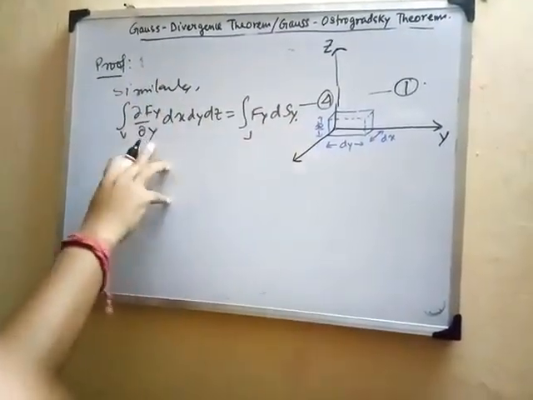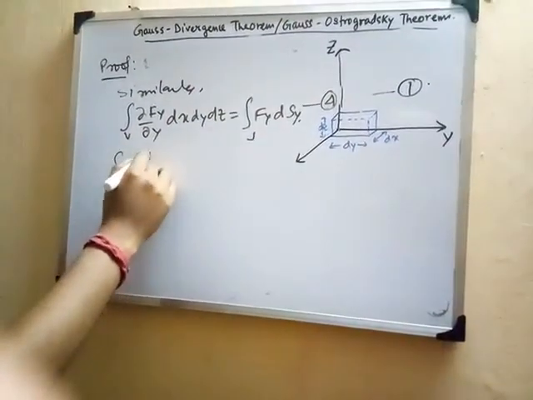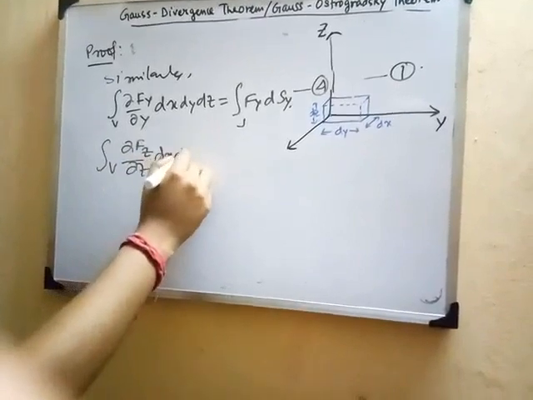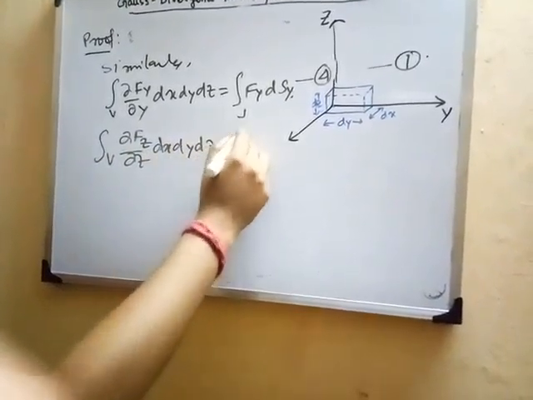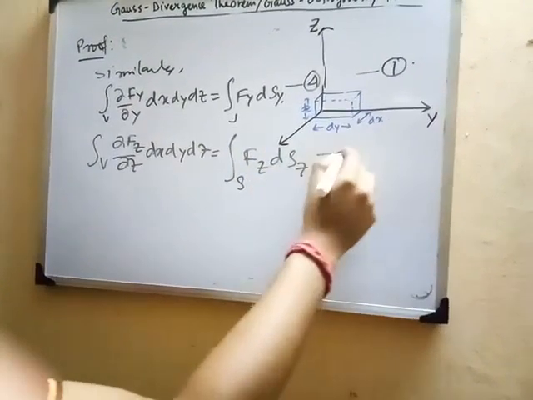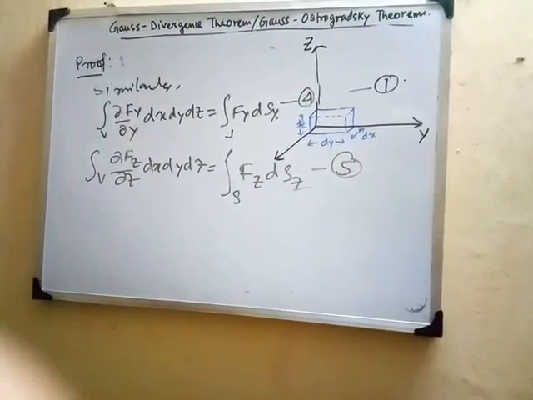Next, now that we have found it in terms of y, we can find it in terms of z also. The volume integral of del fz by del z dx dy dz will be equal to the surface integral of fz dsz. So this is your equation 5. We have found it in all the directions.